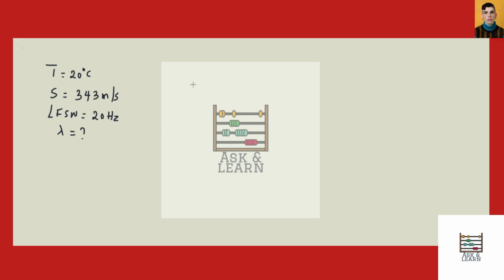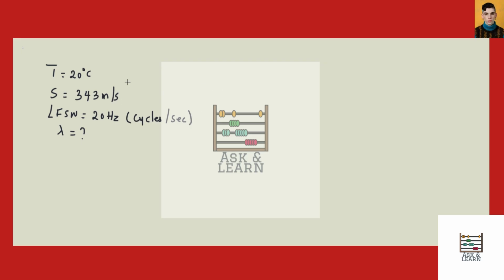So the first thing to ask yourself is, what is the relationship between the speed and lambda? We can just figure it out based on these units, right? So hertz is also per second, so that is 1 hertz, which is also cycles per second.